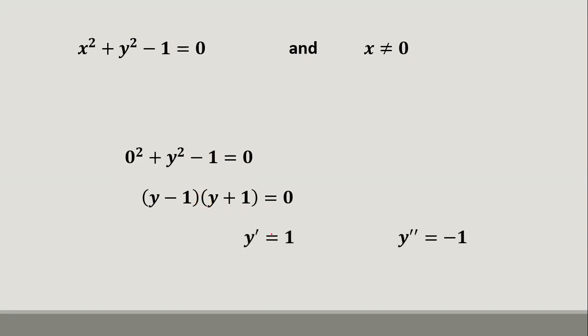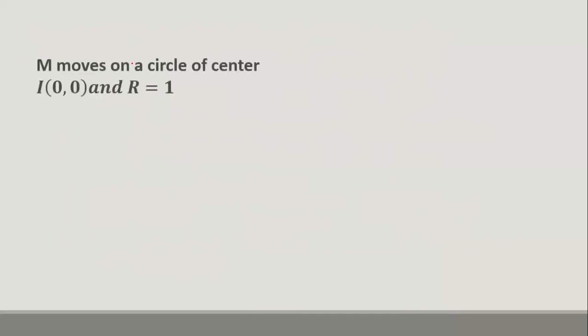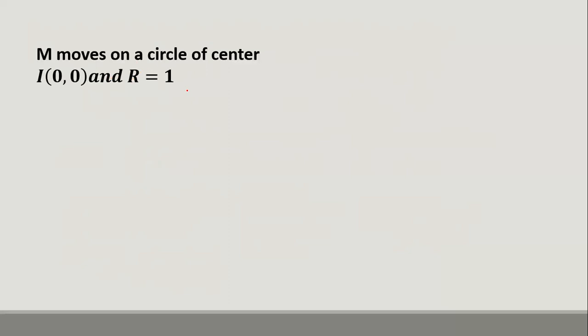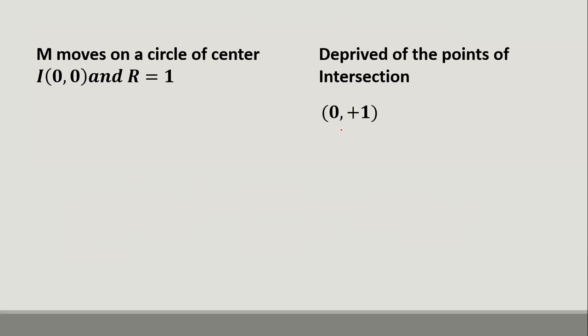We get that y is equal to plus 1 and y equal to minus 1. These I reached from x equals 0. So the first point of intersection between line and circle is (0, 1). Second point of intersection between line and circle is (0, minus 1). So we can say that the locus is a circle of center and radius deprived of the points of intersection, which are consequently (0, plus 1) and (0, minus 1).